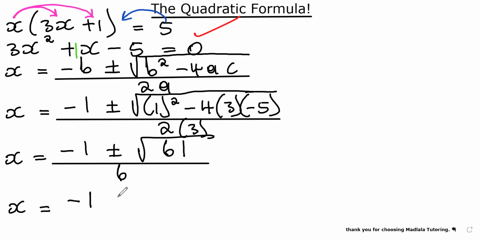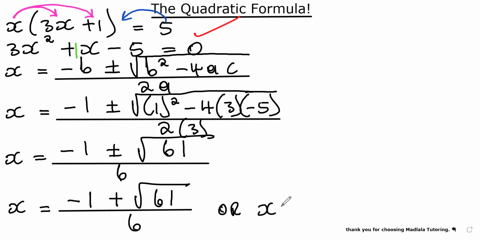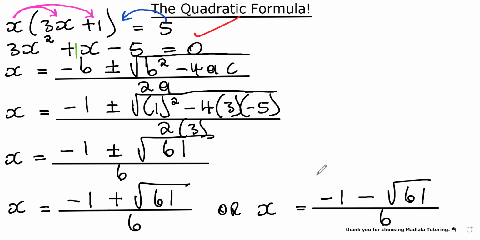So I have negative 1 plus the square root of 61 divided by 6, or my x will just be negative 1 minus the square root of 61, and of course, this entire thing is divided by 6.